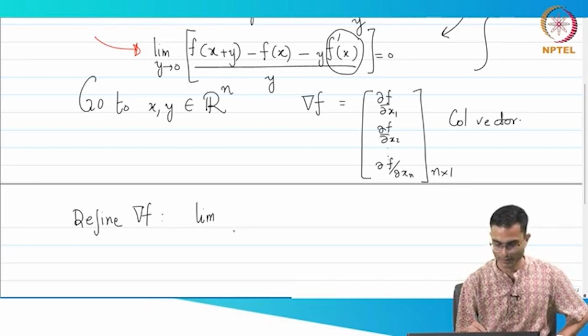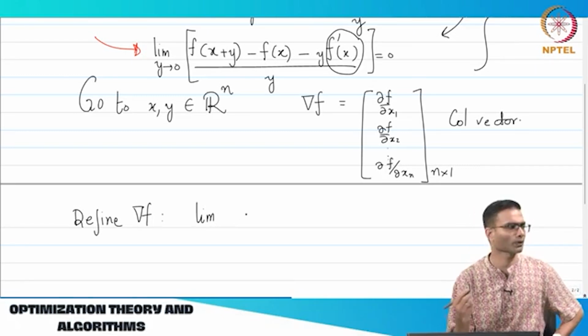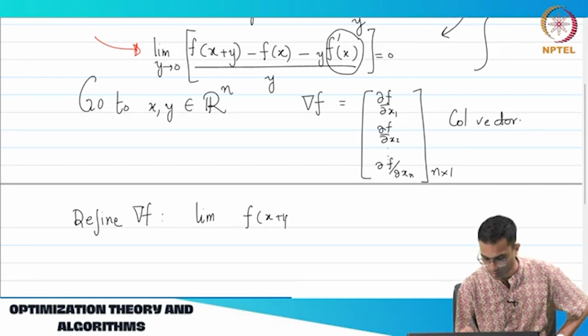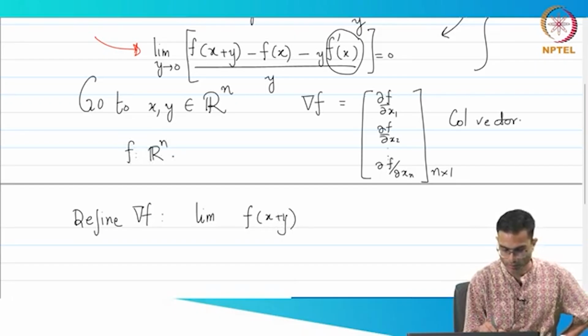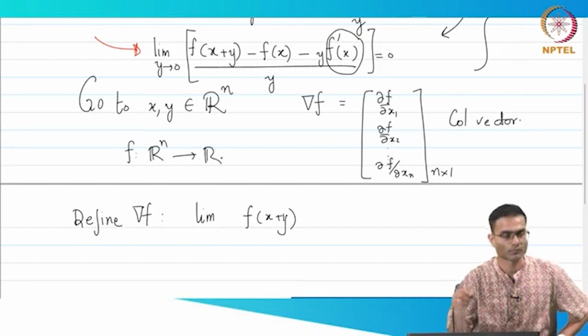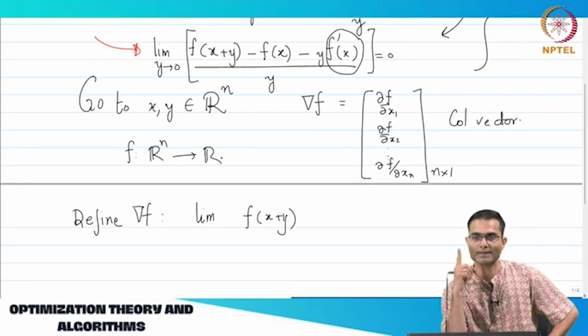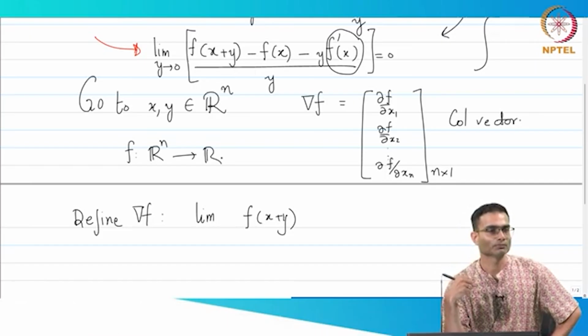So what should the first term be? Can I write f of x plus y? Let's start with it. Let's not overcomplicate it. So f of x plus y. And just for simplicity, let me note that f is a function from Rn to R. So f is a scalar, a single number. So the first term is fine. Next term, minus f of x.